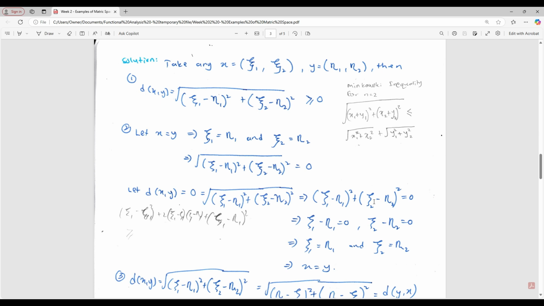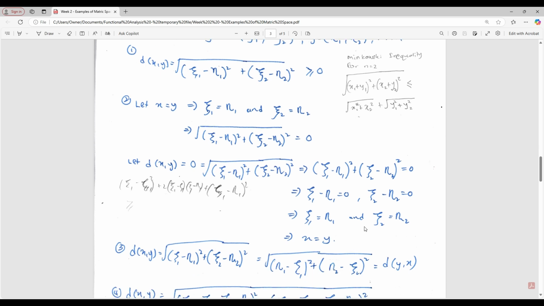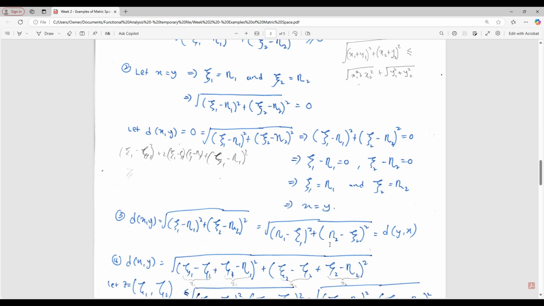It's not possible, so both of them must be equal to 0. Therefore psi 1 minus eta 1 equals 0, and psi 2 minus eta 2 equals 0. Hence we conclude that psi 1 equals eta 1 and psi 2 equals eta 2. With these two conditions, it is implied that x must be equal to y.